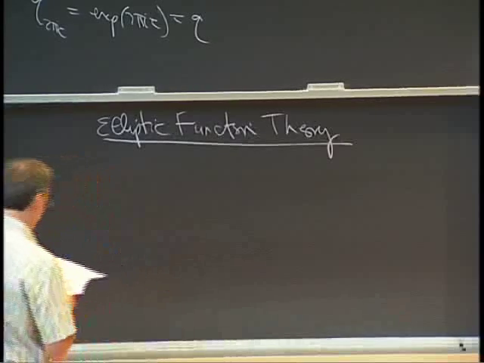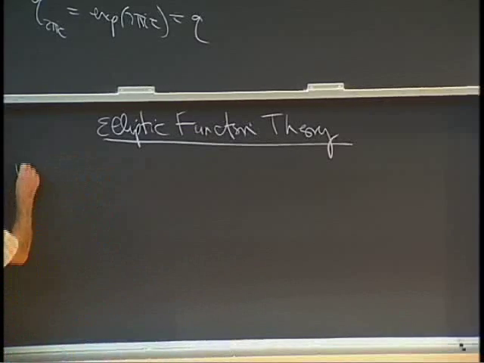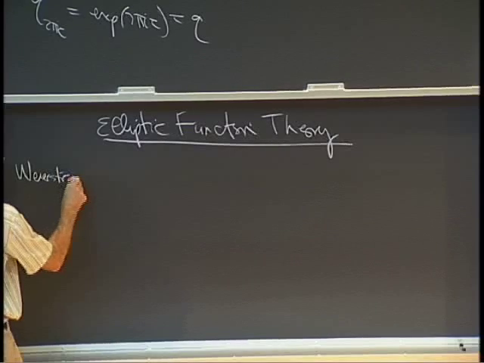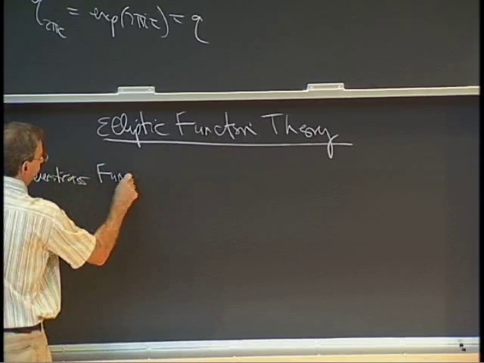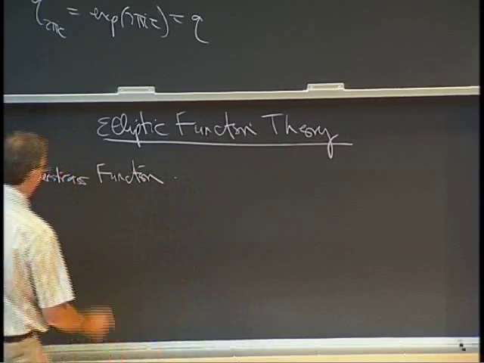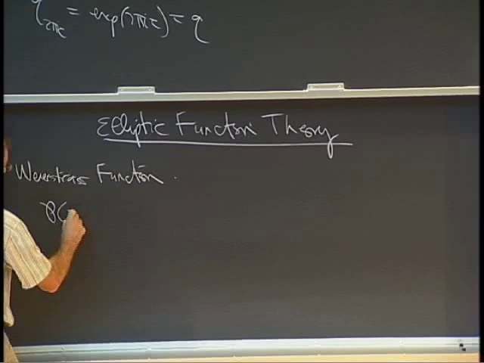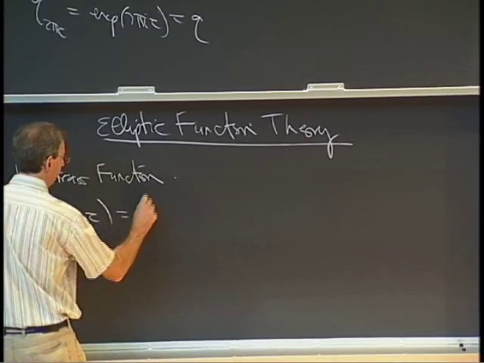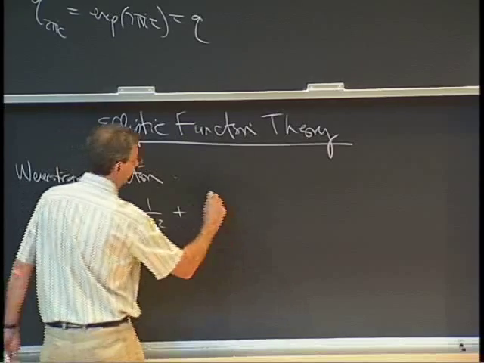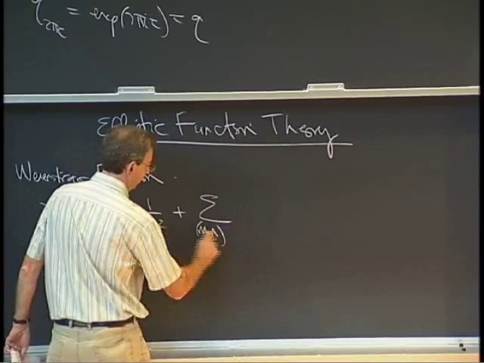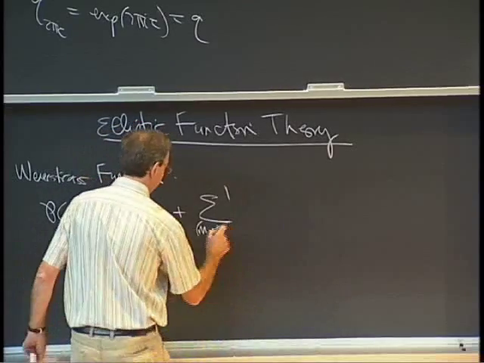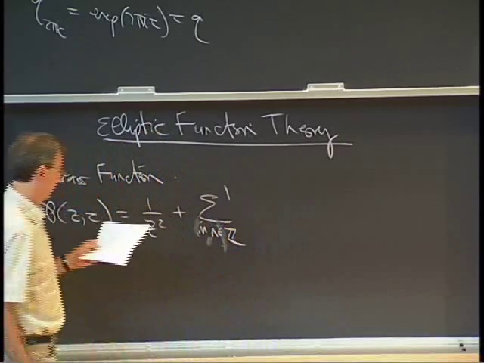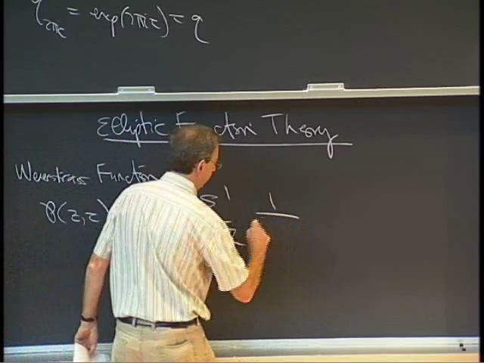Okay, so let me first of all define the classical object in elliptic function theory, the Weierstrass function. It's defined in the following way, at least for my purposes. It's a function of z and tau, and I'm sure many people have seen this before, in some shape or form.